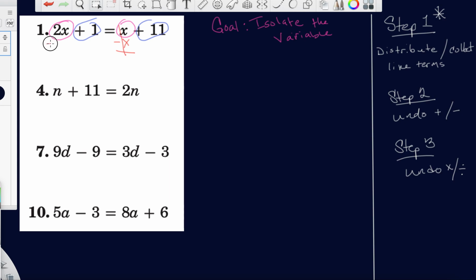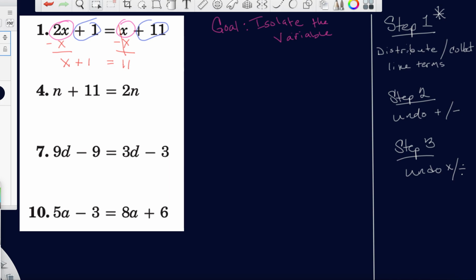And then I subtract an x over here. Now I have 2x minus 1x is x. I bring down my plus 1 equals positive 11.